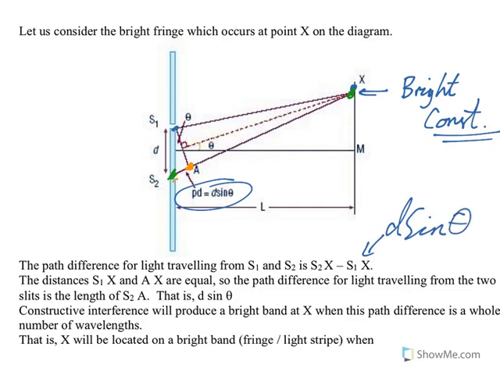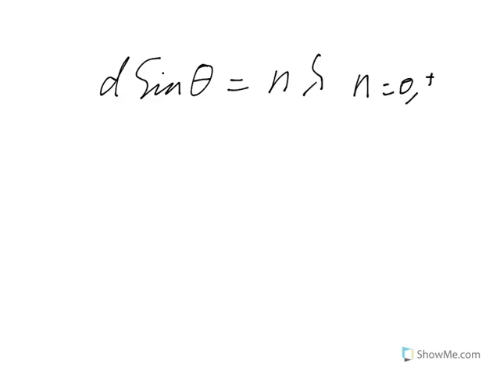And that path difference, of course, if it's constructive interference, is a whole number of wavelengths. So what we can get from that is that the path difference, d sine theta, is equal to n lambda, where n is 0, plus or minus 1, plus or minus 2, and so on.